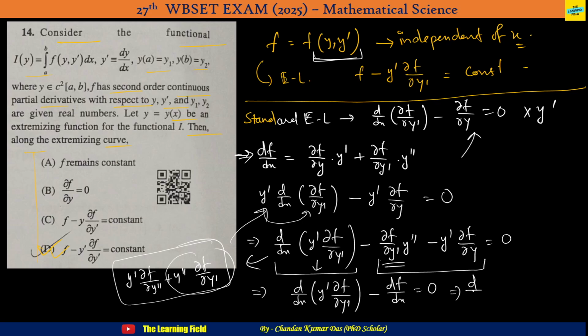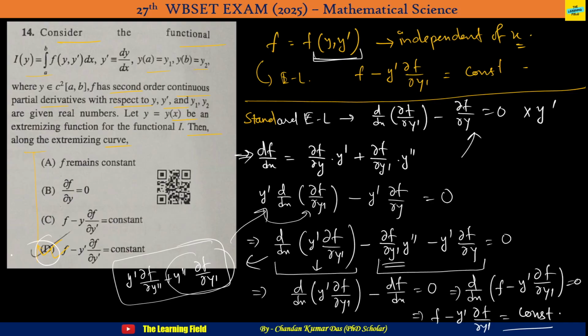That means d/dx of f minus y dash ∂f/∂y' is equal to 0, so f minus y dash ∂f/∂y' is equal to constant. So option D comes from the calculation.